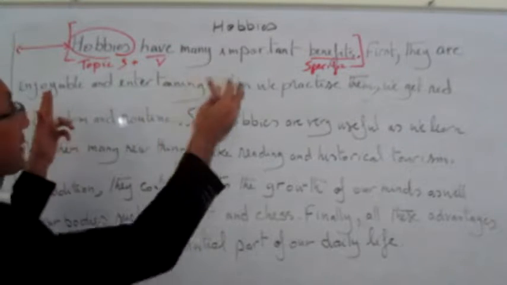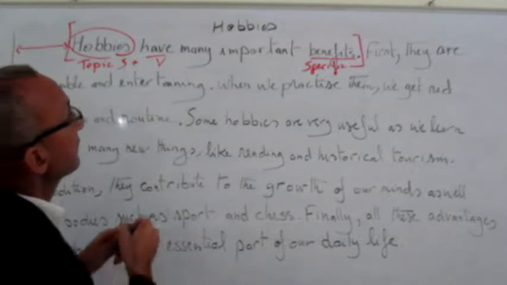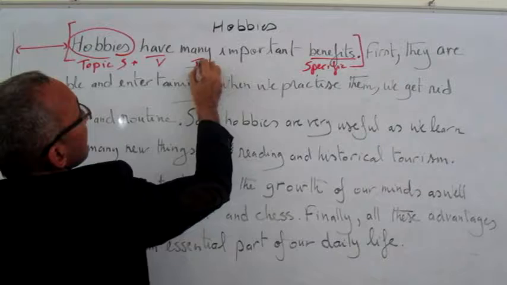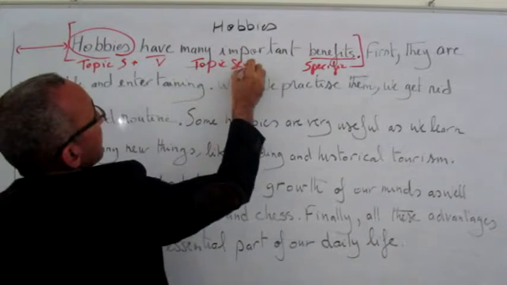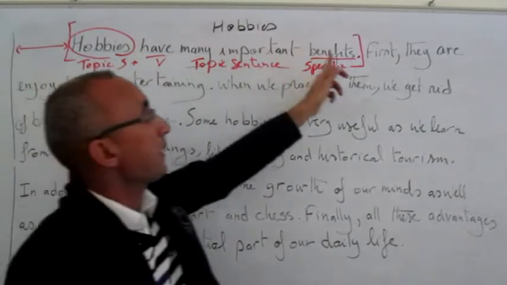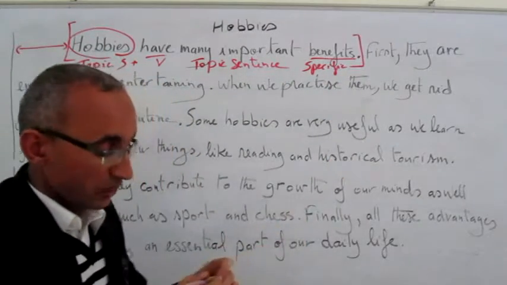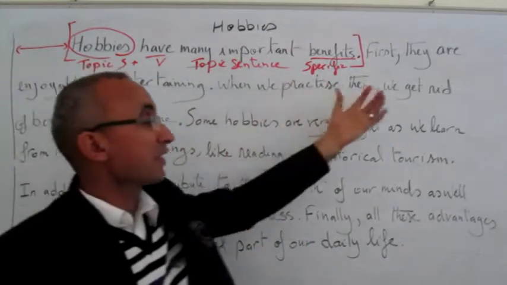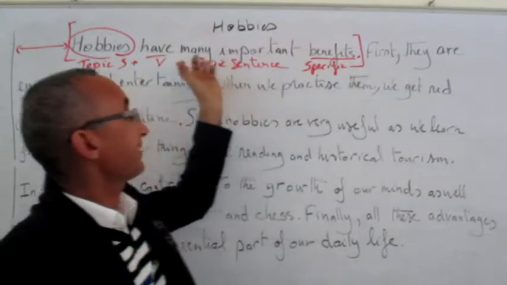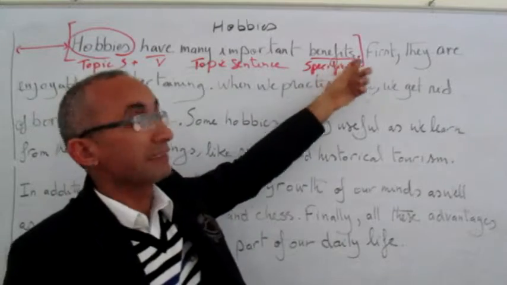Then after the topic sentence, so it is my topic sentence. It starts from hobbies, and ends in benefits. After the topic sentence, here comes the development of the topic and its main idea.